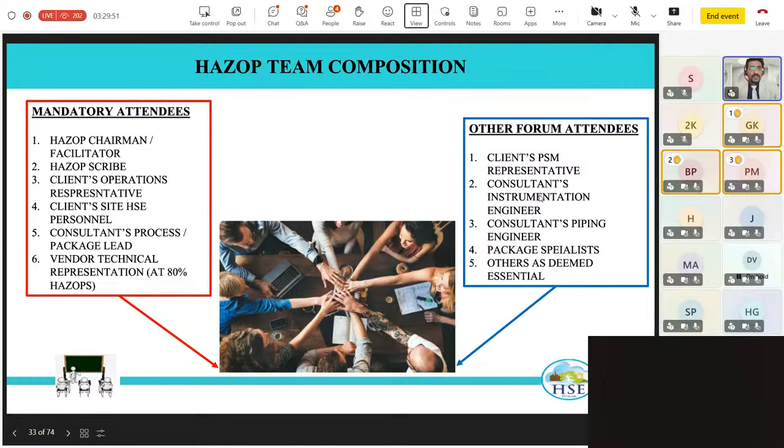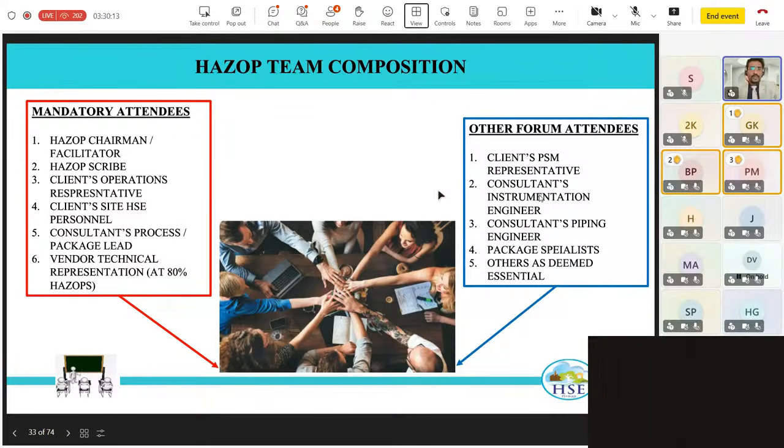And for a manufacturing company, the end client is operations. So without operations, we are obligated to cut the session there itself. And similarly, you need the right technical personnel at the 80% HAZOP, because if there are package items, they are well equipped to answer any concerns or apprehensions raised by the forum.